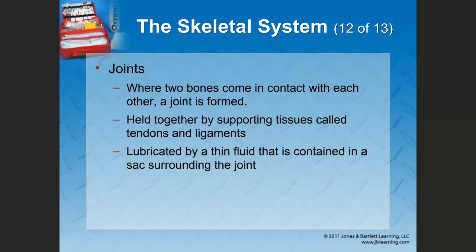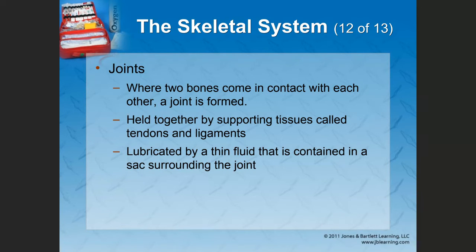Now, joints. Wherever 2 bones come together in the body, a joint is formed. And that joint can have free motion, limited motion, or no motion. We're not going to go into the various types of joints. Just know that regardless of how many joints are found within the body, they fall in 3 categories.